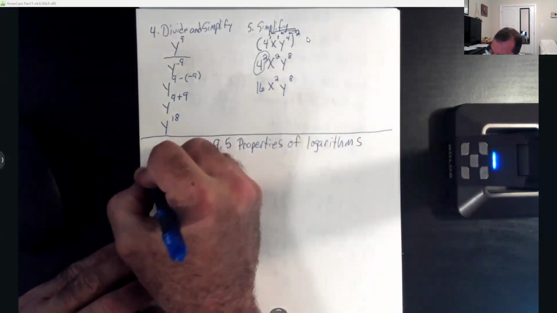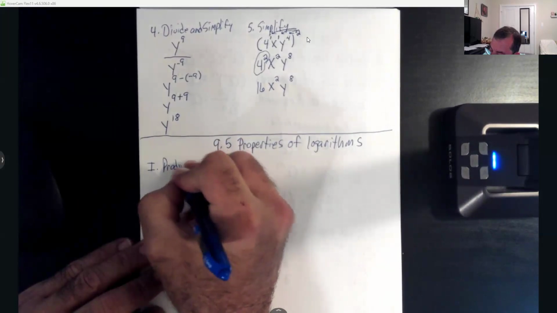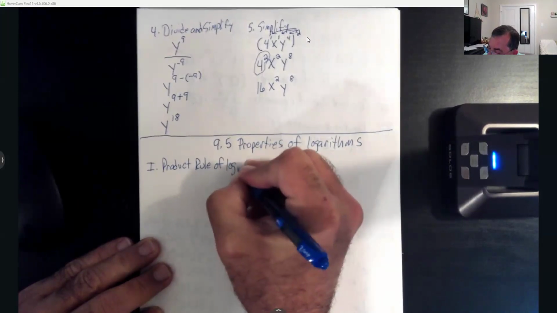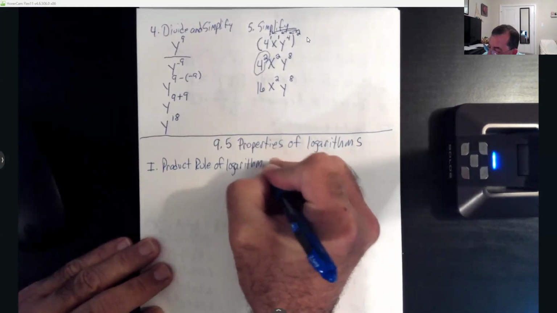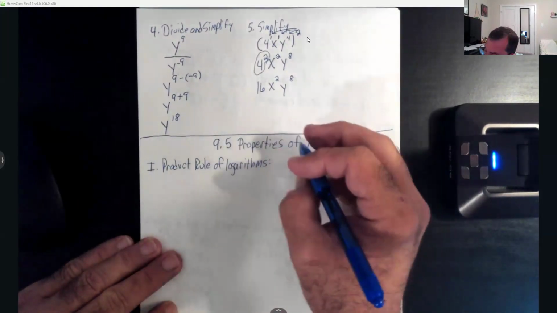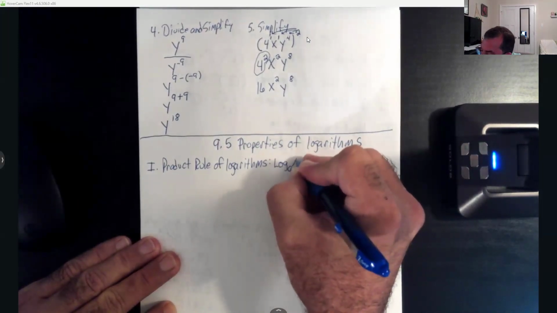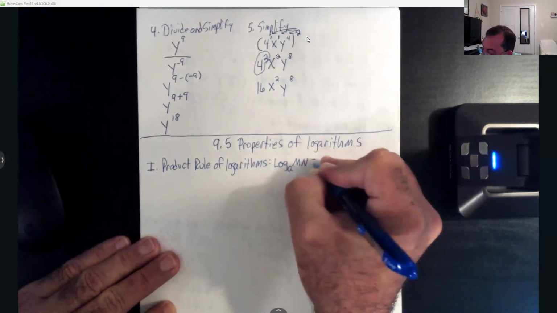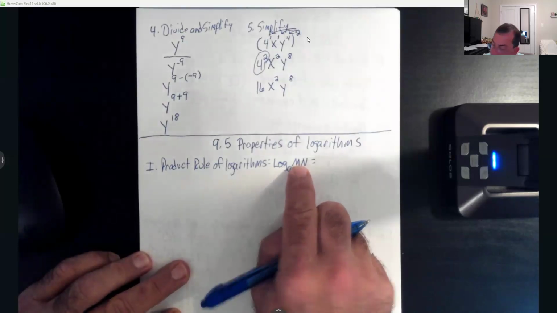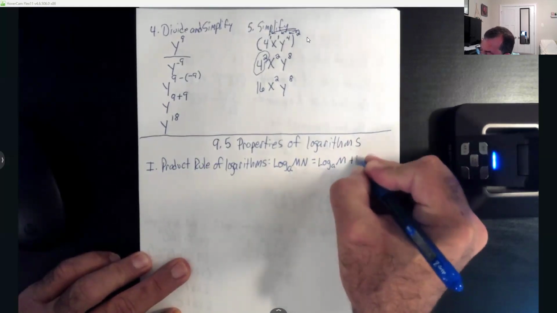So the first one, I had a product rule of exponents. I got a product rule of logarithms. So it says if I got the log of a product, so like a log base a of M times N, if I got the log of a product, I can rewrite this as a sum of the logs.